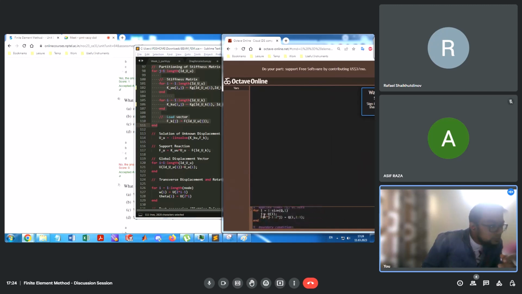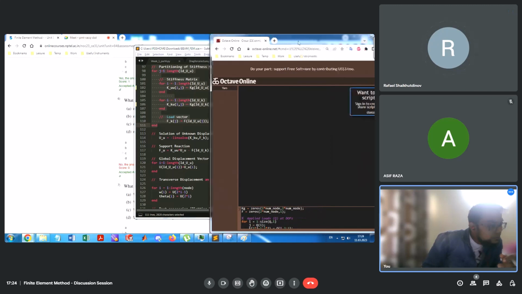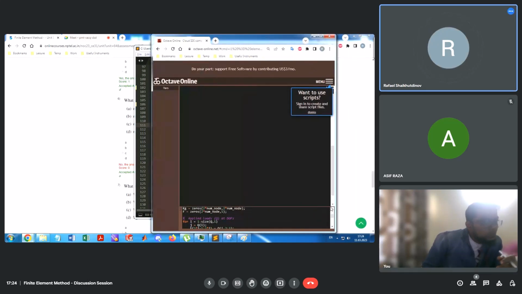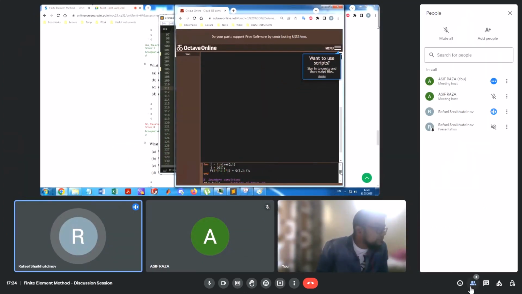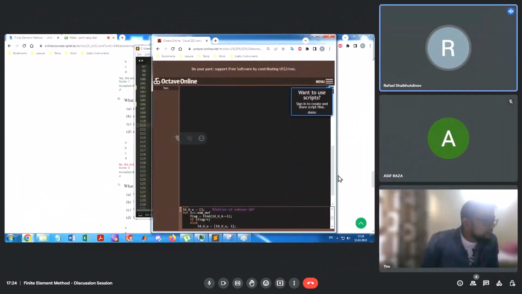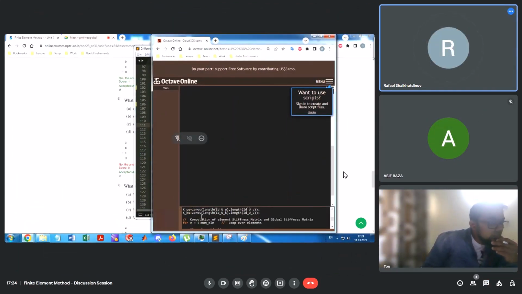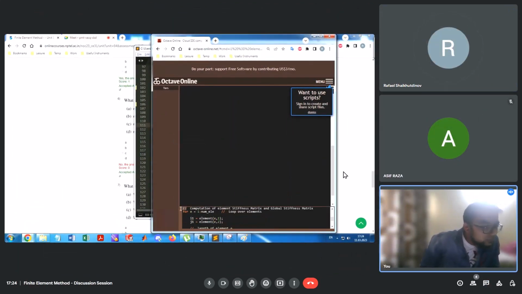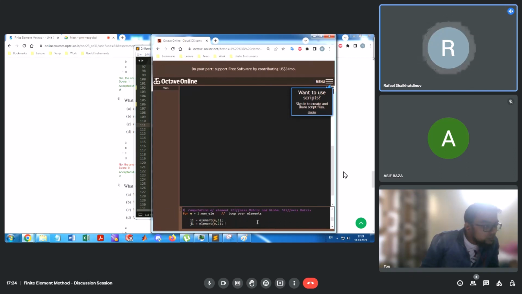Now again, as you can see, the layout is not suitable here. I cannot make it bigger. Can you just maximize that command window? Like you can drag and make it bigger, no? No, actually in this version I cannot do that.